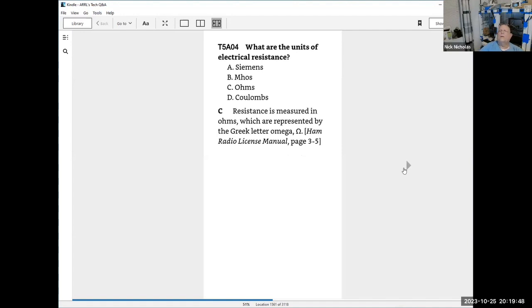What are the units of electrical resistance? Well, the answer there is resistance is measured in ohms. By the way, conductance is measured in mhos. Doesn't that seem kind of odd? Conductance is the opposite of resistance.